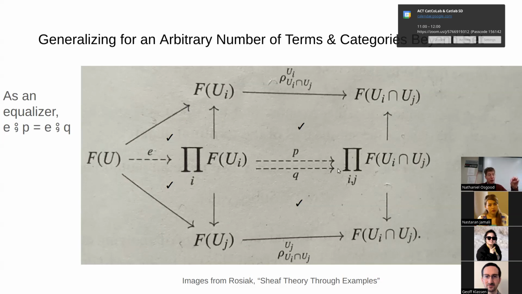And it's similar here. P here describes the map down to F of U1 intersect U2 through F of Ui. Q describes it through F of Uj. And those need to agree. In other words, whatever we assume about f of ui has to be consistent, in terms of what it shows for the intersection with uj, with what we assume for uj.